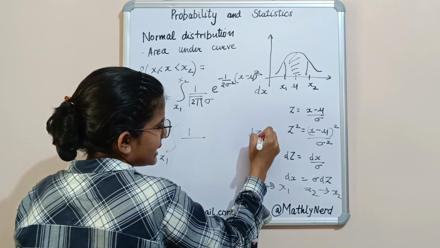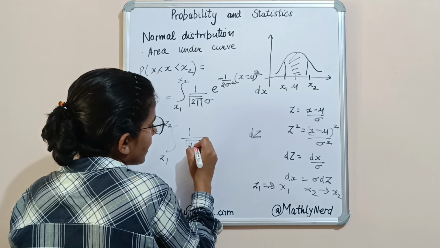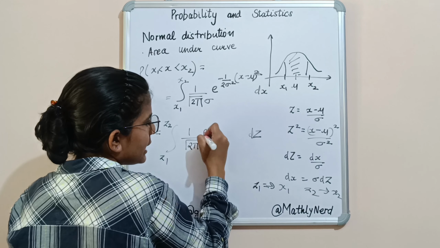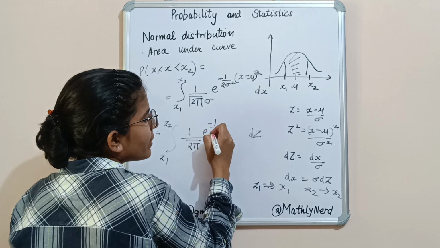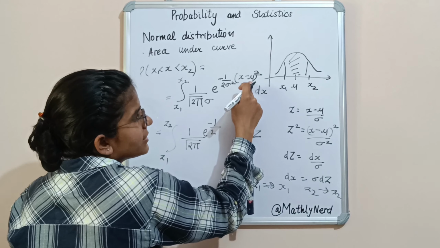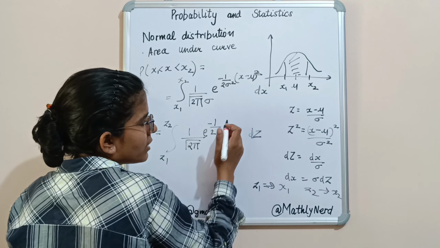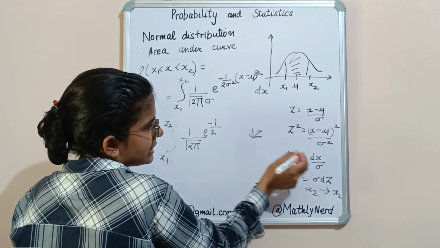So here we can write dz, 1 by under root 2 pi e raised to power minus 1 by 2 into (x minus mu) square by sigma square, which will be equal to z square.